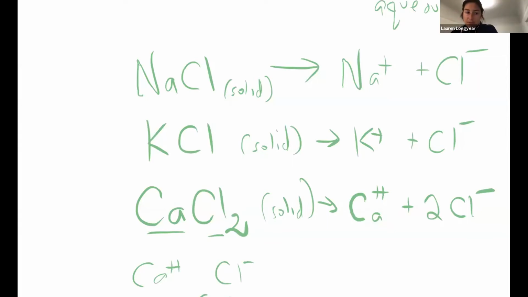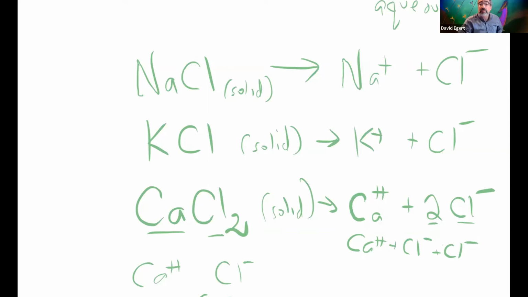So 2 chlorides and a calcium. We could also write this as calcium plus 2 chloride. So calcium chloride also creates ions, but it's going to be 3 ions.